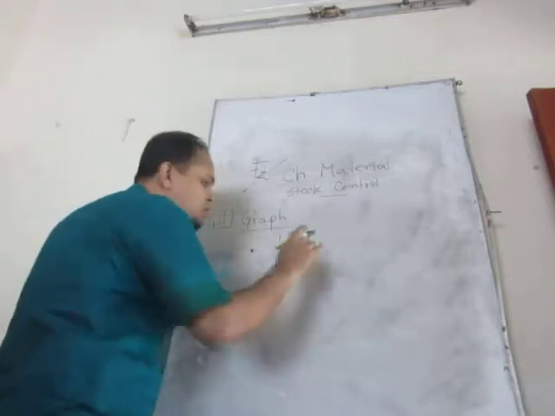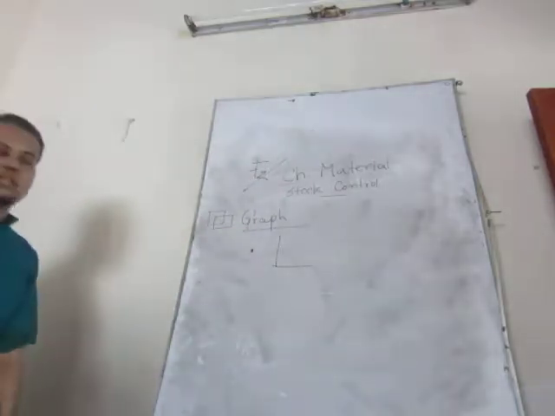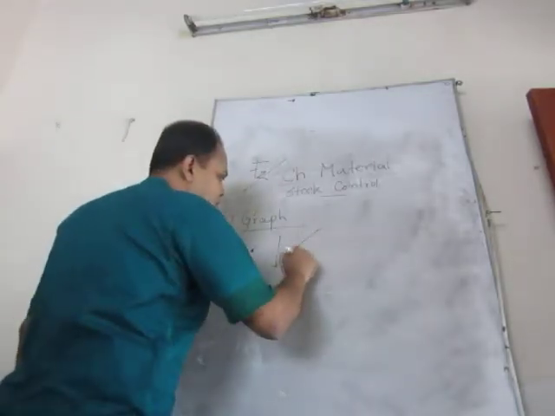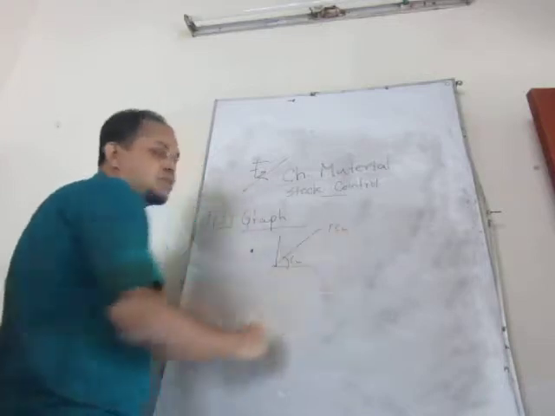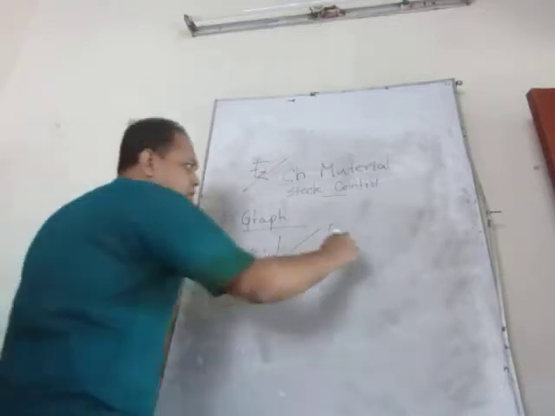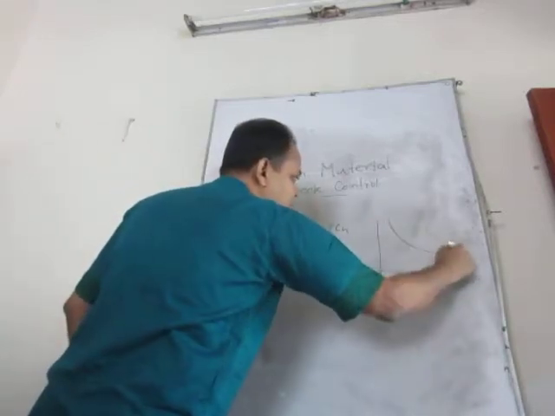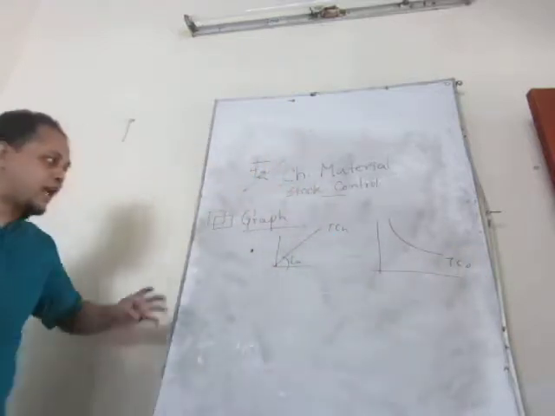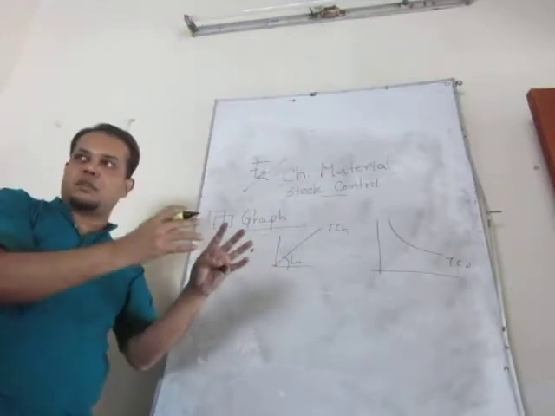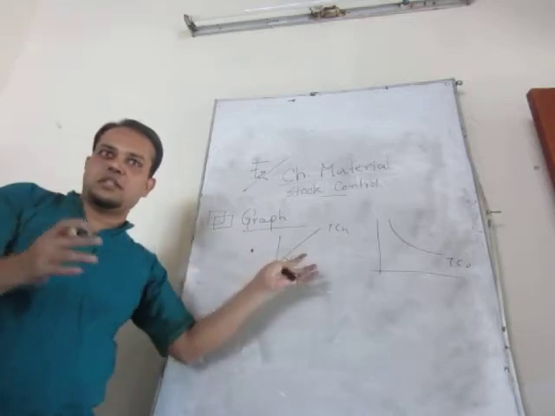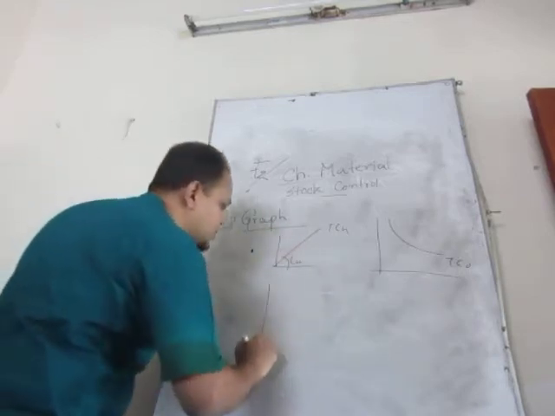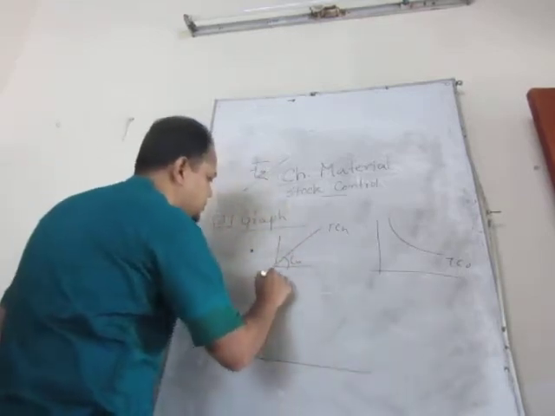We are dealing with two different types of cost, right? One is CH, this is TCH, another is CO, this is TCO. If you add these two graphs at the same time, combining these two graphs, you can have a specific one, just like this.